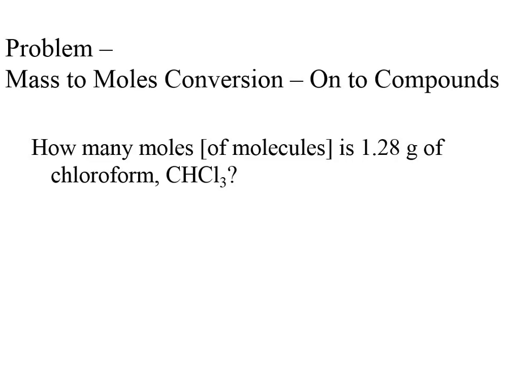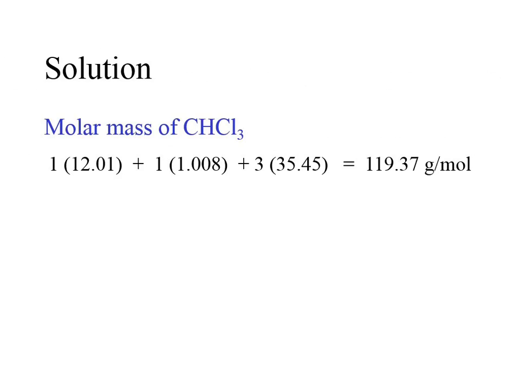In order to work this, we have to knock out the molar mass of chloroform, and I would need to see this on your paper. The formula is C1H1Cl3. So you take 1 times 12.01 plus 1 times 1.008 plus 3 times 35.45. We round to 2 decimals, so that's 119.37 grams per mole.